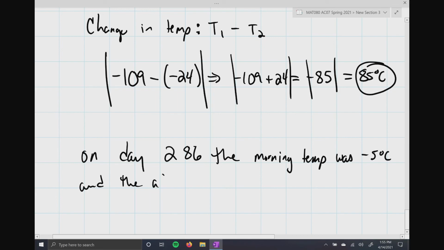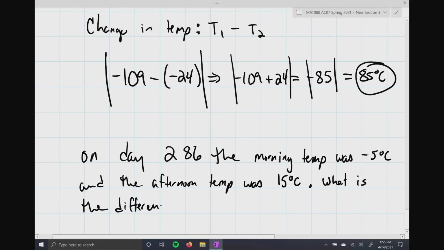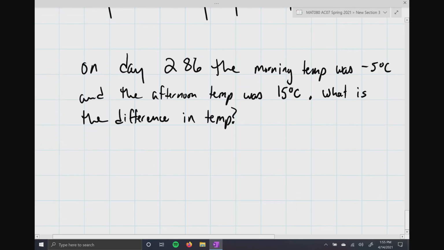And the afternoon temperature was 15 degrees Celsius. What is the difference in temperatures? Okay?